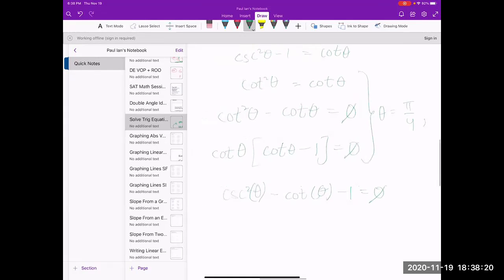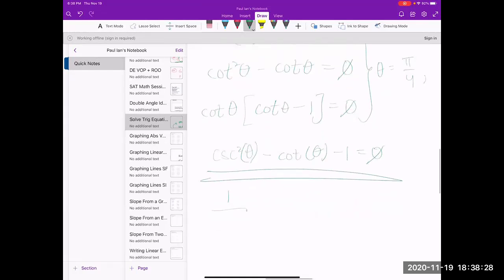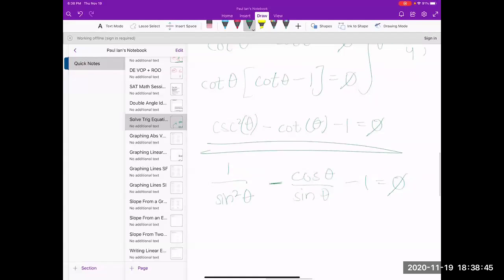Let's actually do it this way, and the third way where you switch it to sine squared. It should be the same if you did it this way or the way you did it. So minus 1.